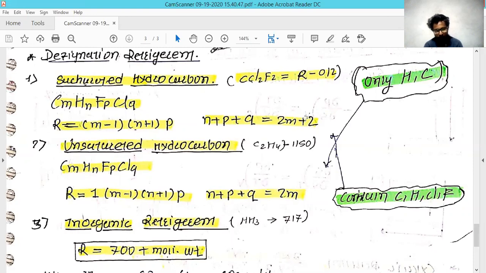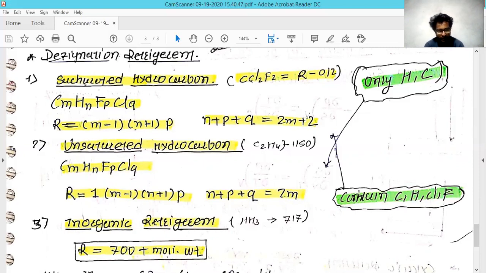And the second type is the unsaturated hydrocarbon, which only contains carbon and hydrogen. In this condition, we are taking ethane. In this ethane, it is denoted by R1150.